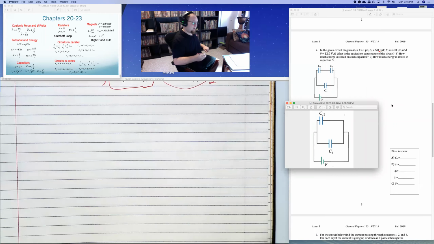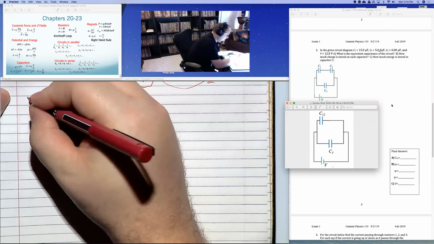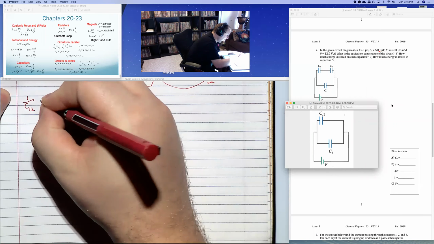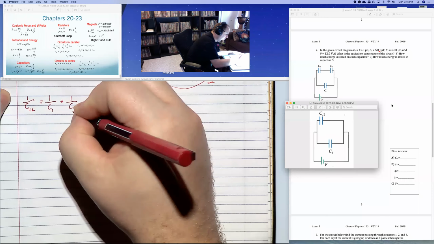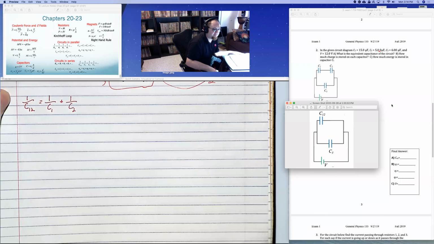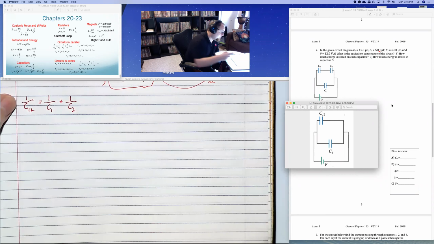In series, when you add capacitors, it's 1 over the equivalent capacitance is 1 over one capacitor plus 1 over the other capacitor plus however many you have. And so that C12 I wrote there, I can find like so.